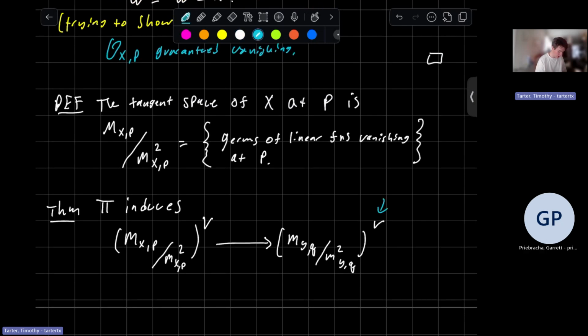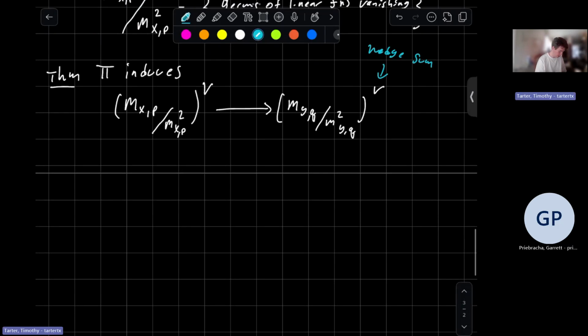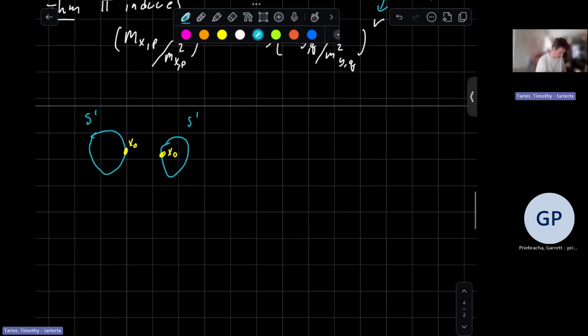And I just want to say what a wedge sum is. This is gluing at a point. So if you have two circles and you identify a base point on them, like x naught and x naught, and we call this S1 and this S1, then S1 wedge sum S1 is equal to their gluing at the base point.